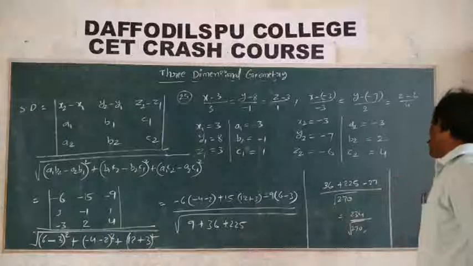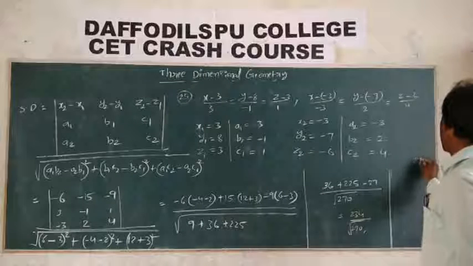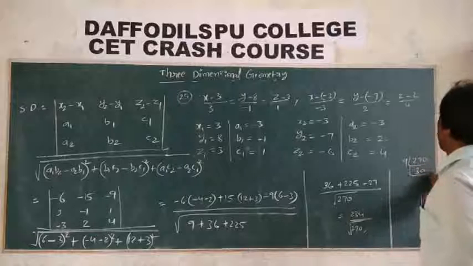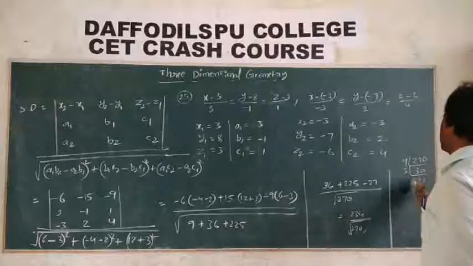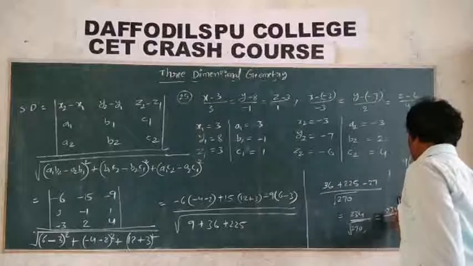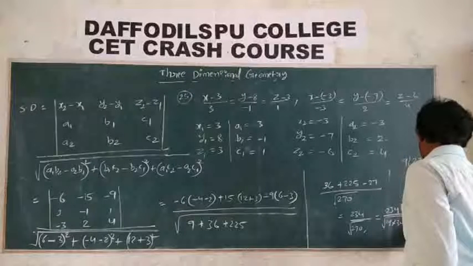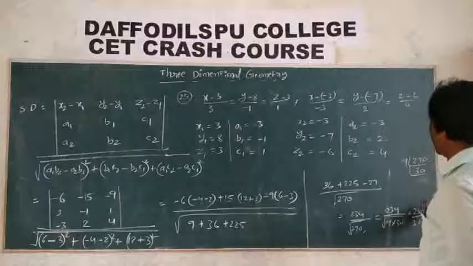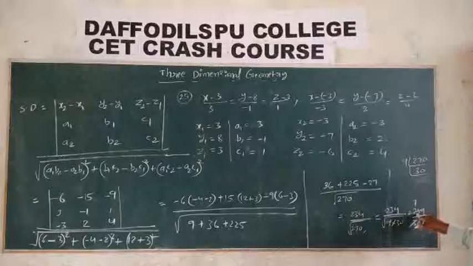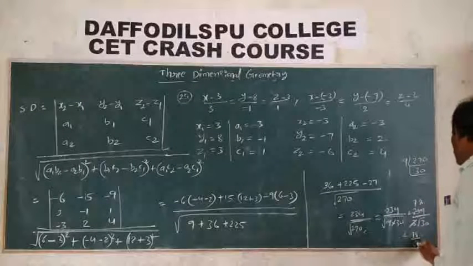To simplify, 270 is 9 times 30, 9 threes and 3 tens. So this value is equal to 234 by 3 root 30, the 3s cancel, 78 by root 30.